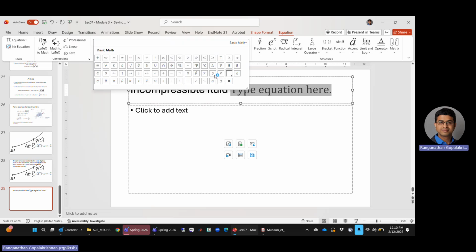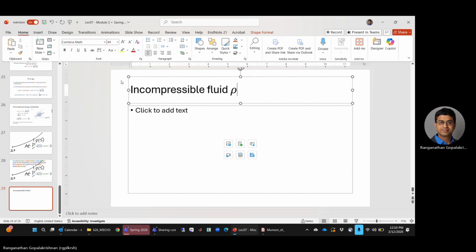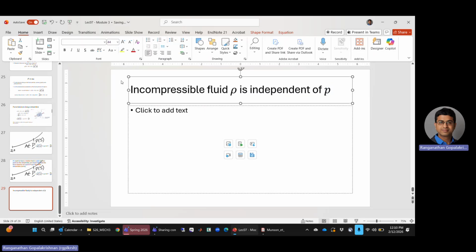For an incompressible fluid, density is independent of pressure. That's the key difference, right?